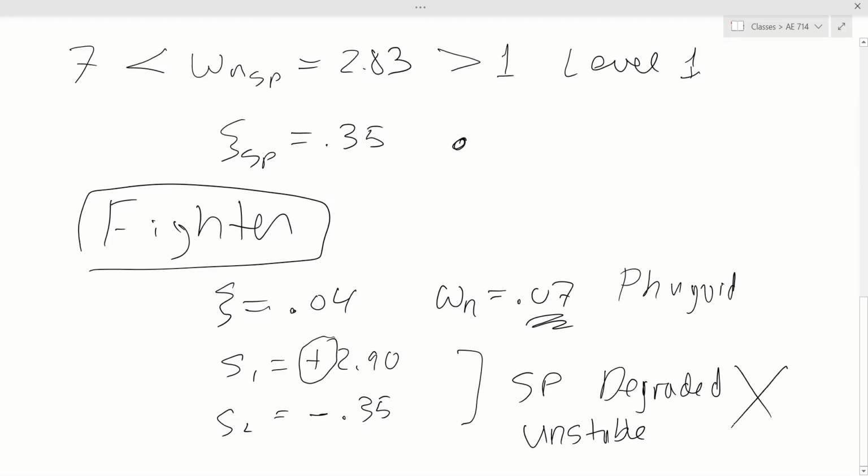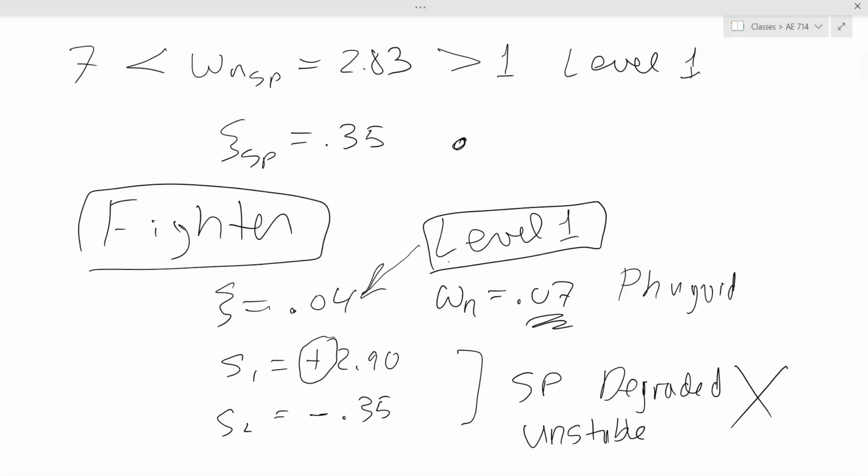So that's definitely bad. And typically they will add a stability augmentation system, an output feedback flight control system. And then how about this? We go back to that chart for the fugoid, and this does satisfy level 1 for the mil specs. So that's good, but the short period mode is bad. And so it has to be fixed up with an output feedback controller.